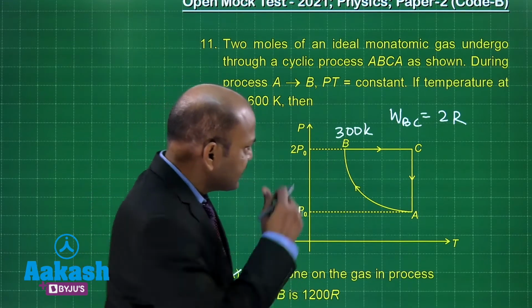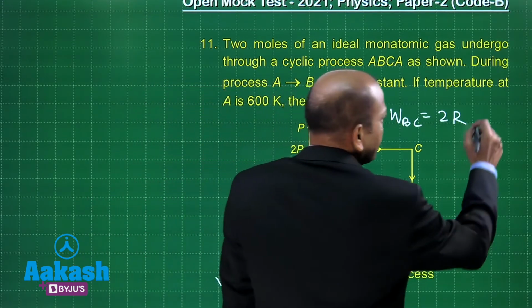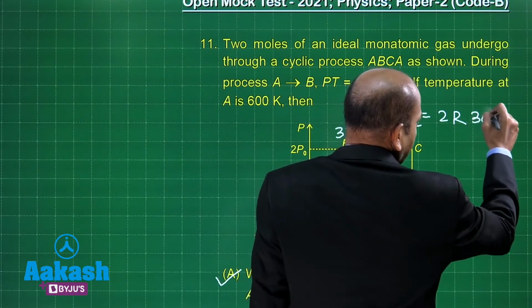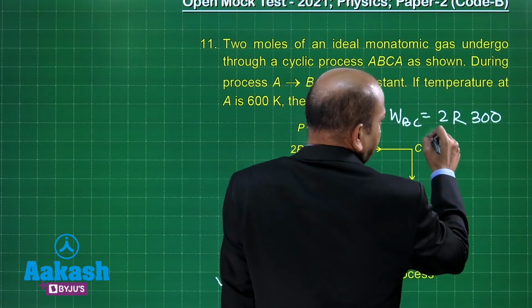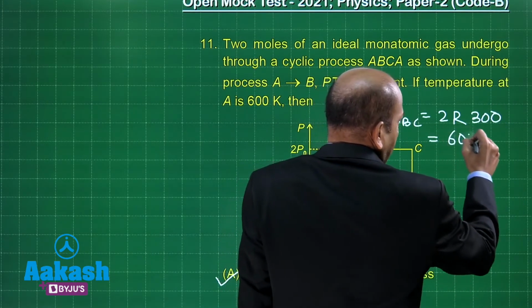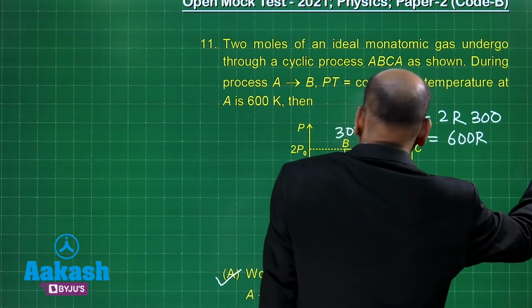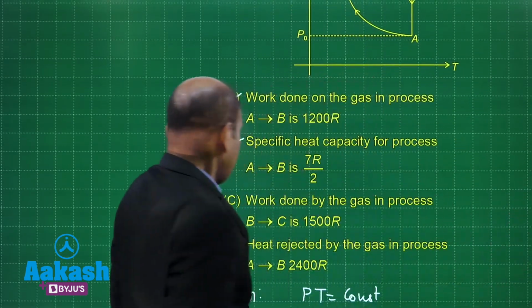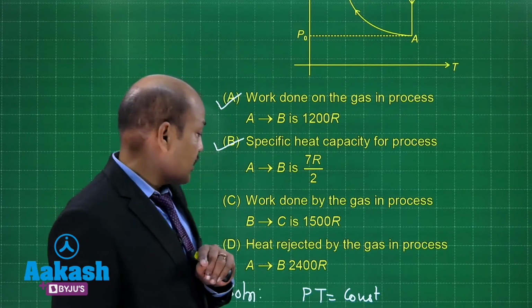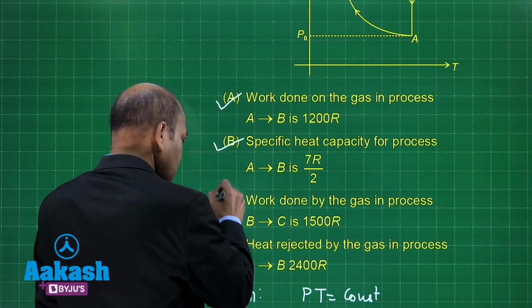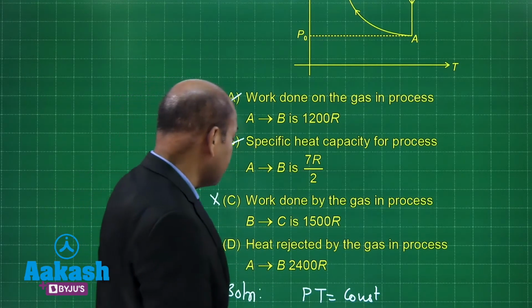So delta T is 600 Kelvin minus 300 Kelvin, which is 300 Kelvin, right? So this work done is 600 R, and if we look at option C, here the value is quite different, so this is not correct as per our calculations.